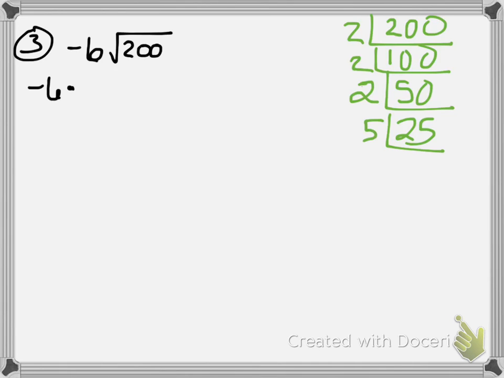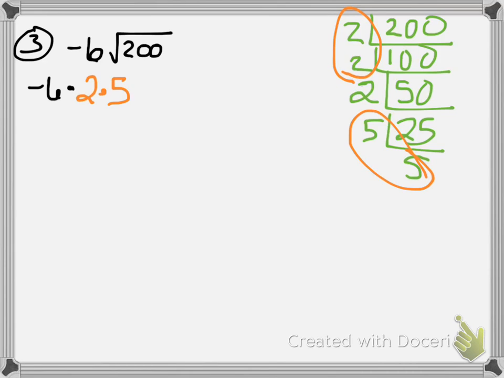And now 5 and 5. It's okay if you would have put that 2 up there, or that 5 up there, it would have worked the same. You just would have had your 2s disjointed. So what groups do we have? We have a set of two 2s and a set of two 5s. So that means I have a 2 and a 5 that join outside with that negative 6.